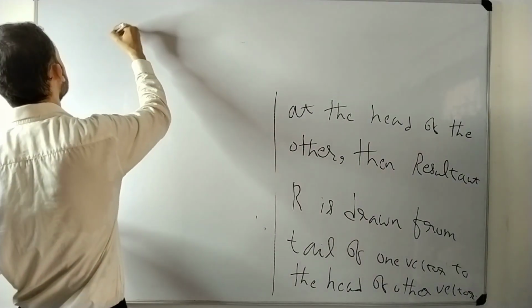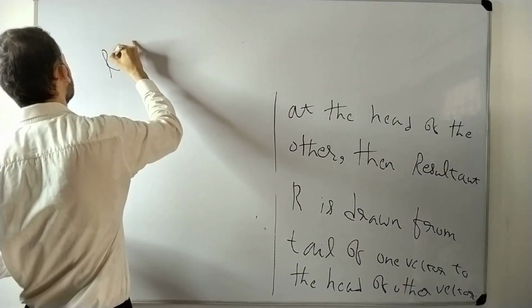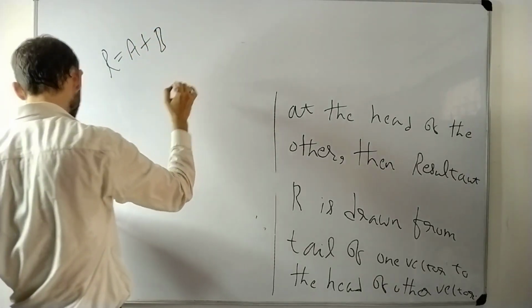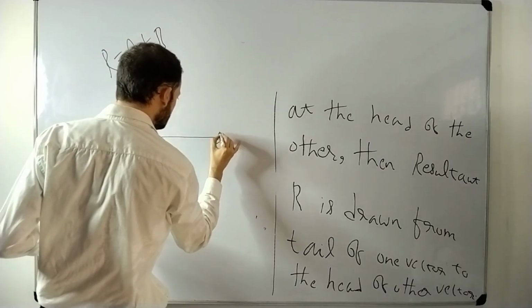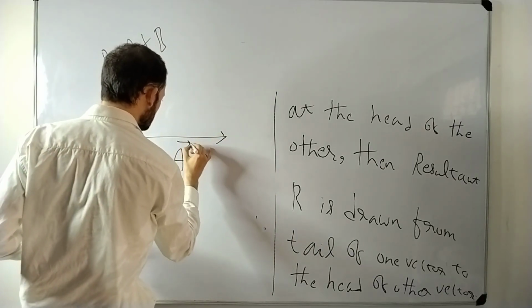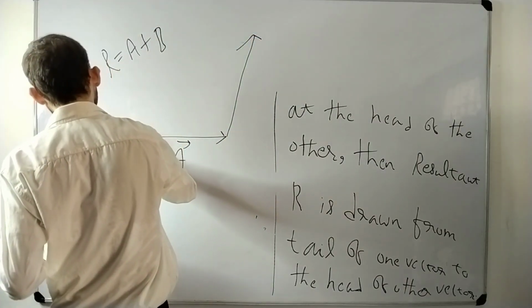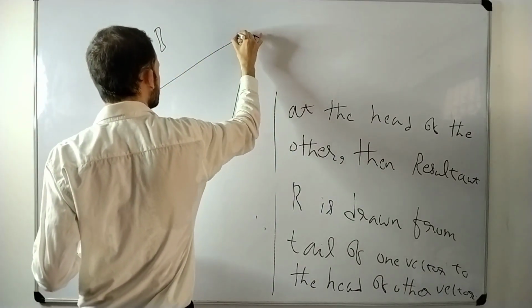So R equals A plus B. A is this vector, students, and this is B vector. This is the resultant vector.